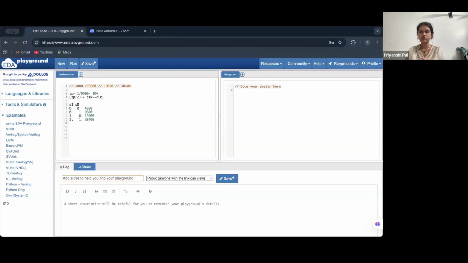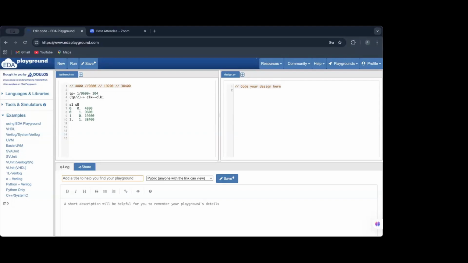Ma'am, for the I2C protocol, we can have multiple masters and multiple slaves. Yes, with careful coordination between the master devices, we can have a multi-master environment.